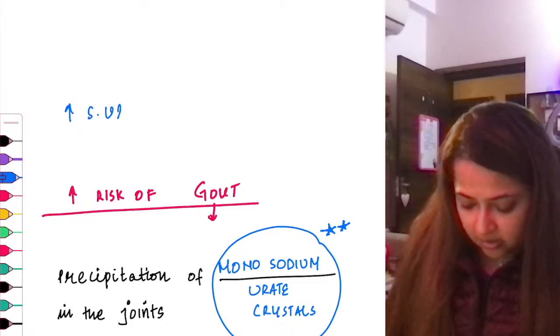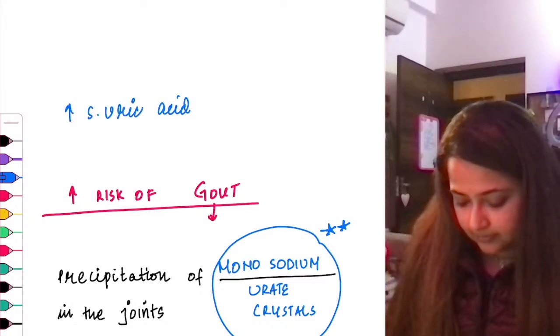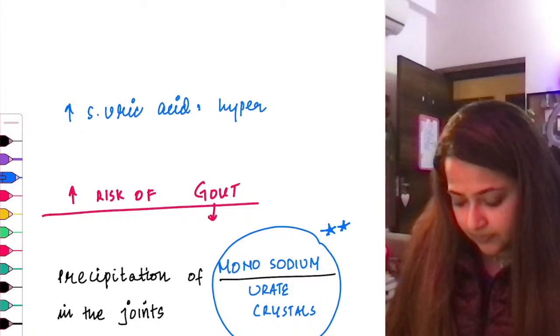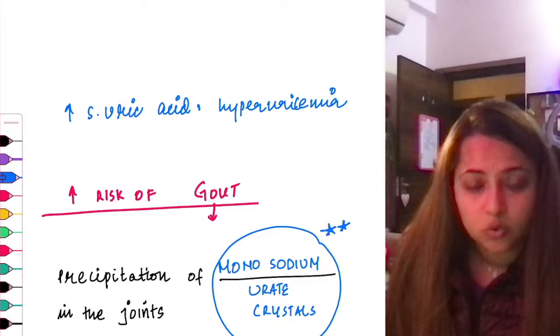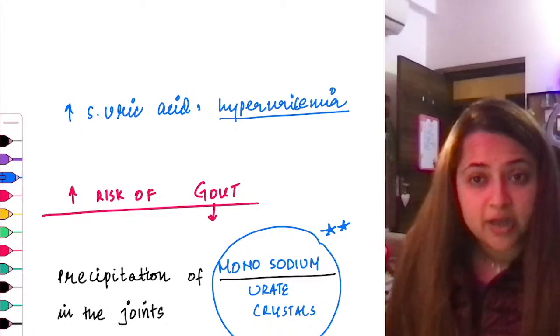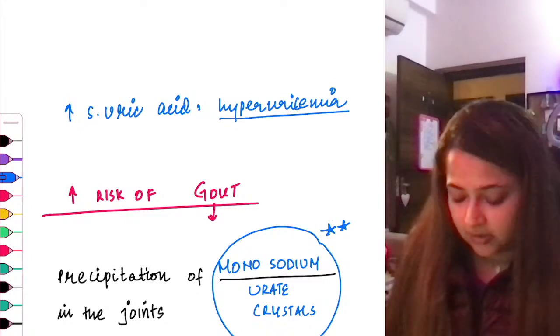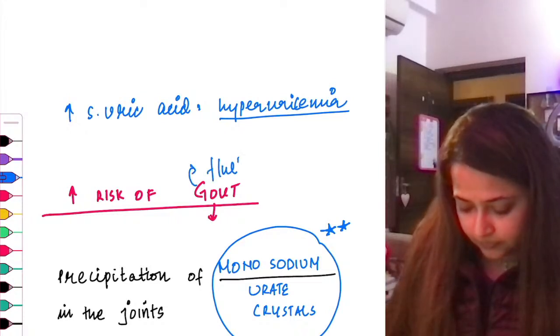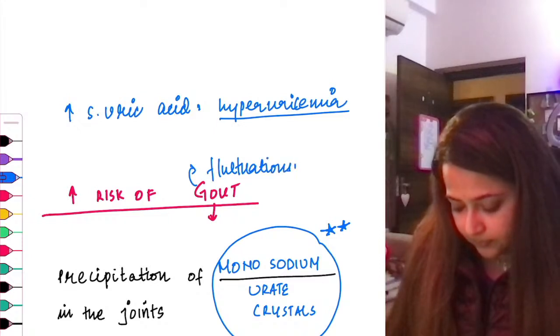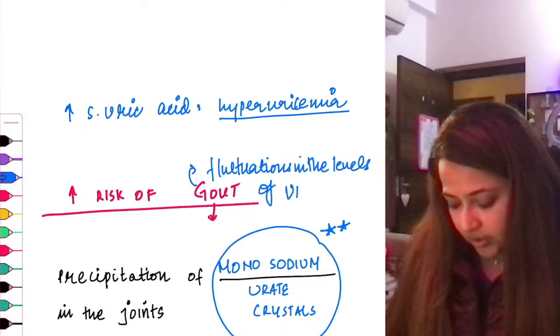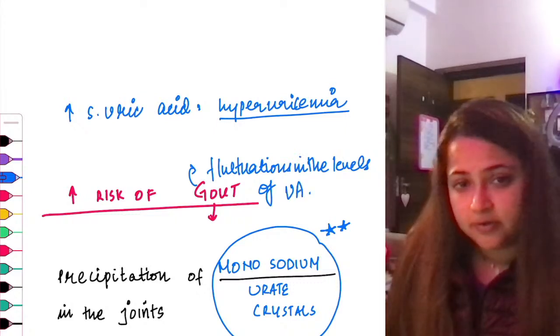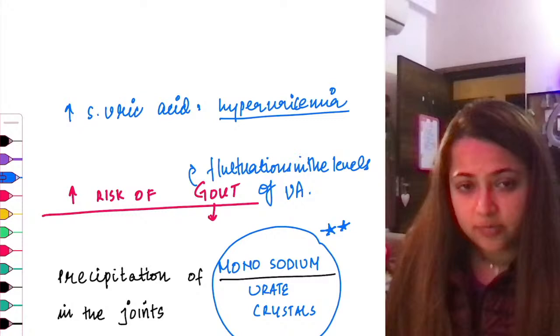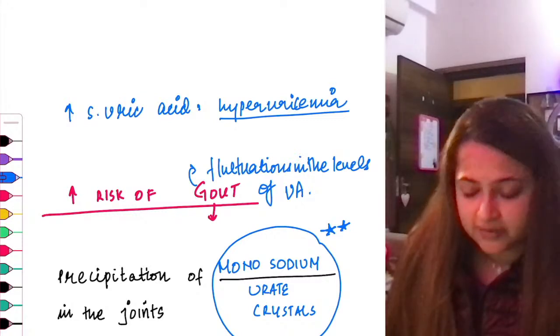Increased levels of serum uric acid is known as hyperuricemia, but hyperuricemia is not gout. So don't get confused here. Gout is due to fluctuations in the levels of uric acid. So fluctuating uric acid levels could precipitate gout, and gout means the precipitation of monosodium urate crystals in the joints.